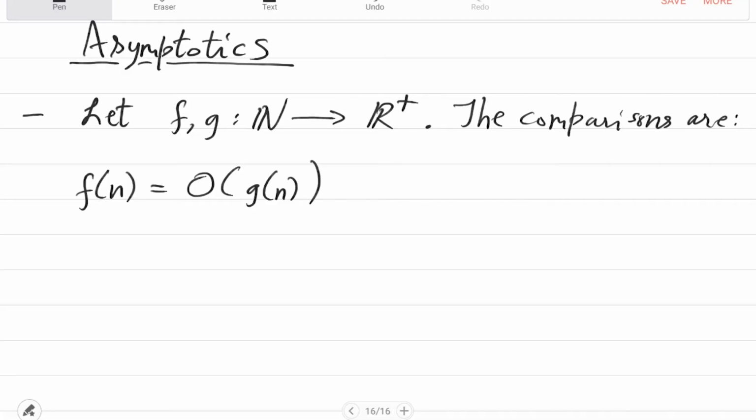In the beginning things may be bad, f and g may be fluctuating a lot, but after a point, let's say n greater than or equal to n0, n0 is again an absolute constant, after this break point, f(n) will always be smaller than c times g(n), or equivalently the ratio of f and g will never exceed c, after the break point.